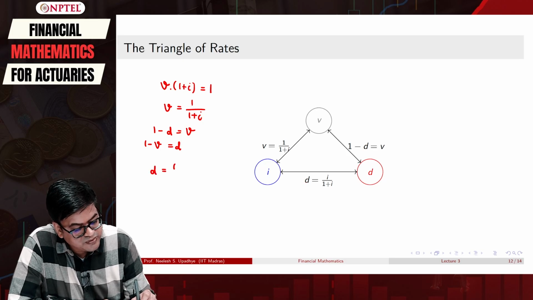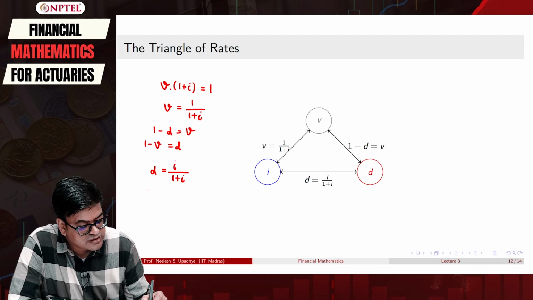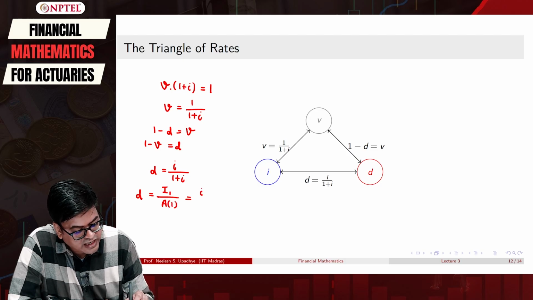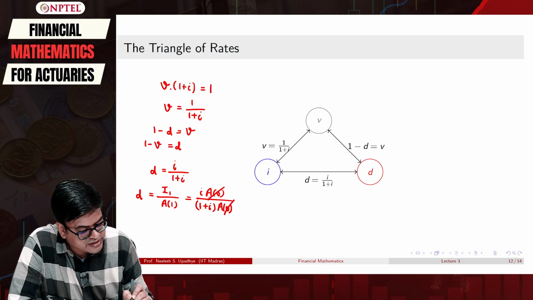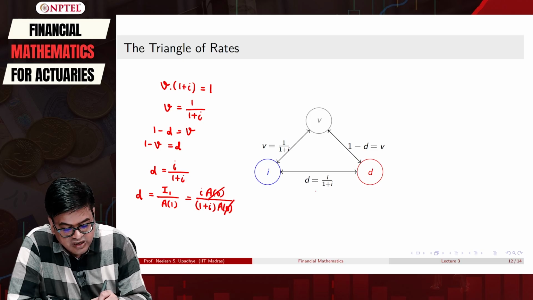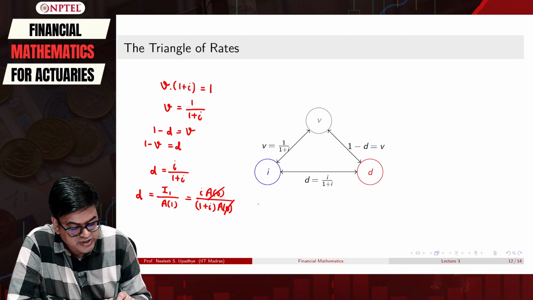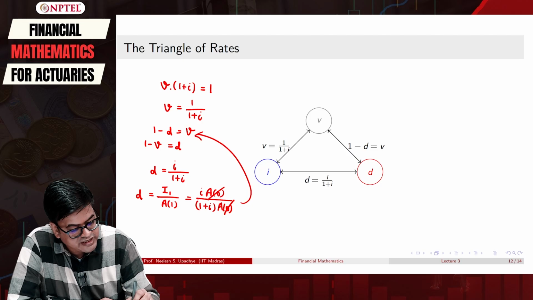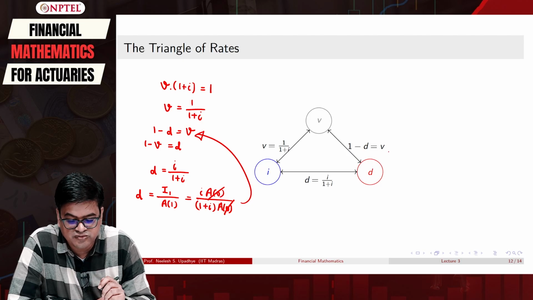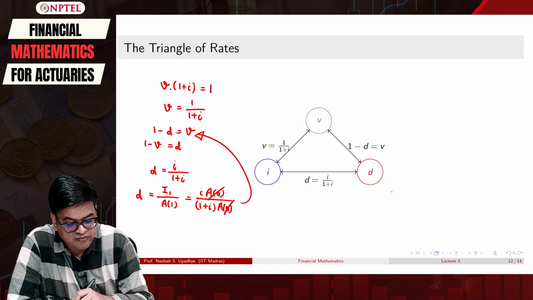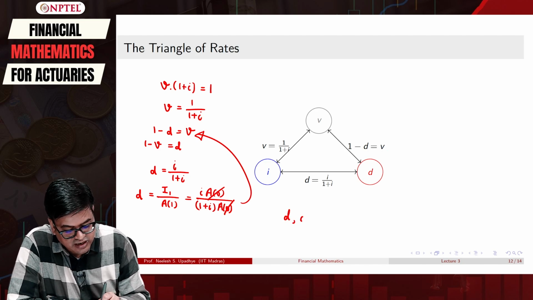D is equal to I upon 1 plus I using simple amount function calculations that we have seen, because we also defined D as I1 upon A1, and I1 was I times A0, A1 was 1 plus I times A0, and then we cancelled this A0 together, and that is how we got this D to be equal to I upon 1 plus I. From this we actually came to this identity, which gave me 1 minus D is equal to V, and that completes this triangle, and we know the interrelation between D, I and V.